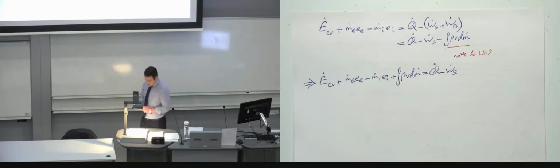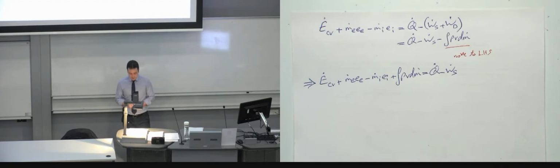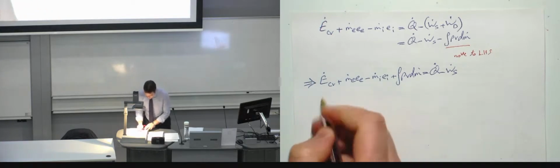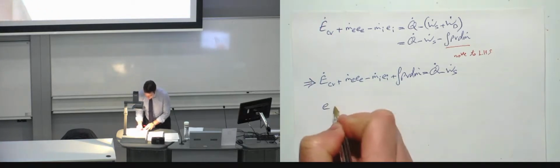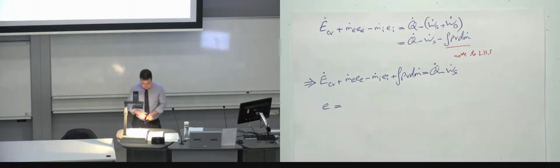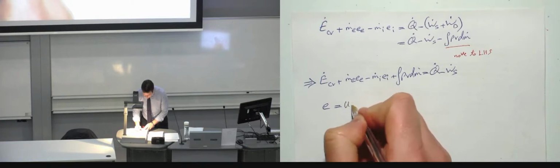The reason why I've done this is because I'm interested in combining. So what I know, let's just write this one. E, as we know, that's the specific energy, has three components, and that is u plus half V squared plus gz.